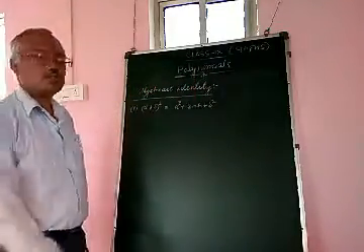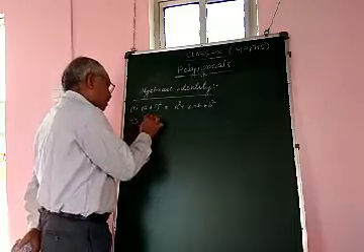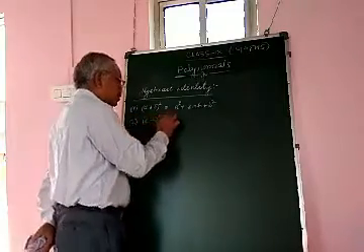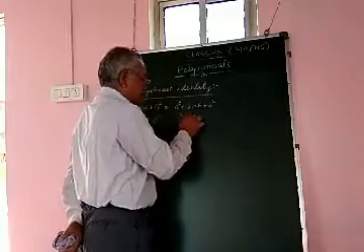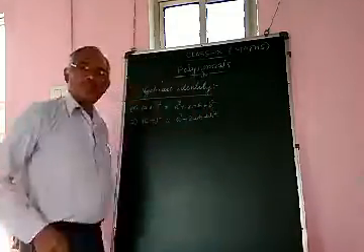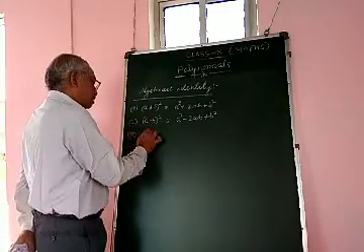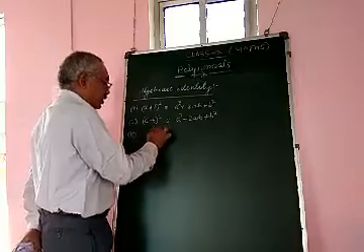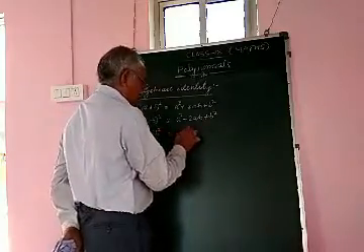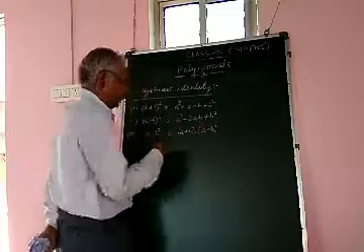Now the second, a minus b whole square is equal to a square minus 2ab plus b square. And now third, a square minus b square is equal to a plus b into a minus b.